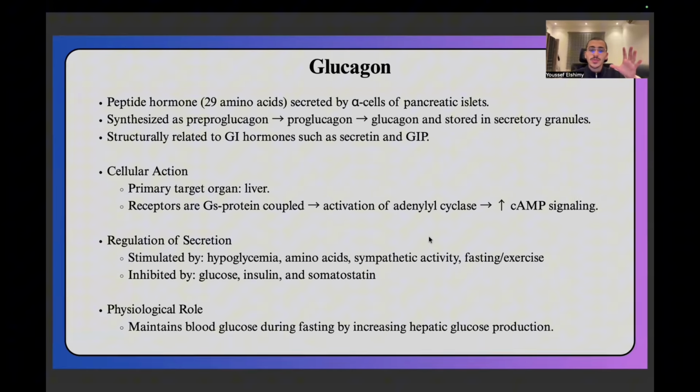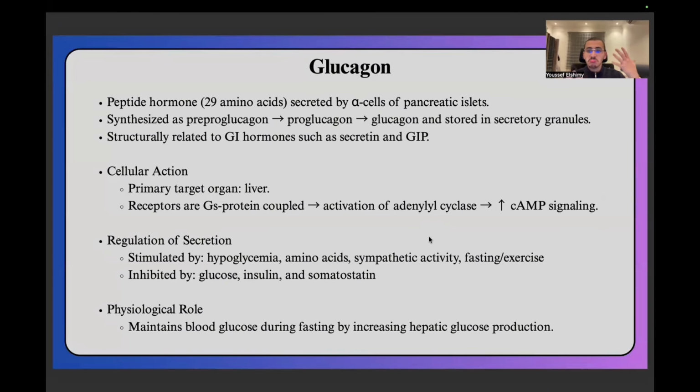Structurally, it's similar to some GI hormones such as secretin and GIP. What I want you to know is that glucagon mainly acts on the liver as the target organ, and on the liver there are G protein coupled receptors. This would lead to the activation of adenylyl cyclase, and this would lead to the increased cyclic AMP signaling. Regarding the regulation of secretion, what stimulates glucagon secretion?